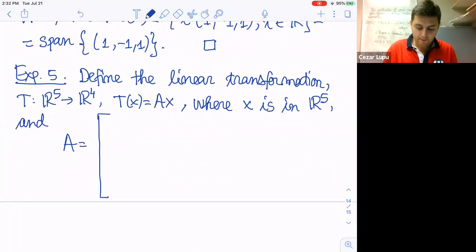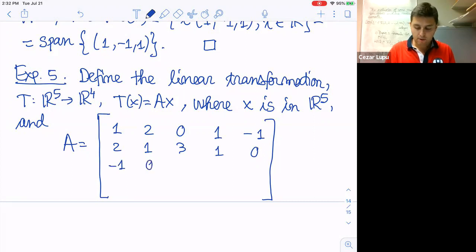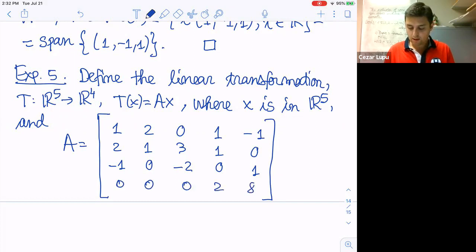So my matrix is given by the following: 1, 2, 0, 1, negative 1. Then 2, 1, 3, 1, 0. Then negative 1, 0, negative 2, 0, 1. And the last one will be 0, 0, 0, 2, and 8.